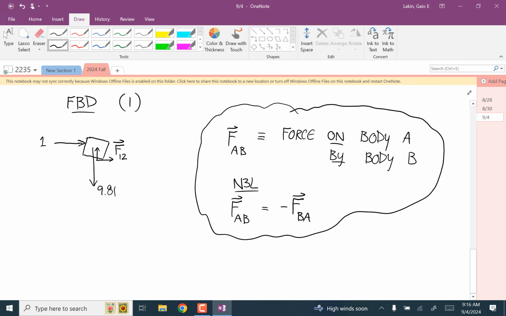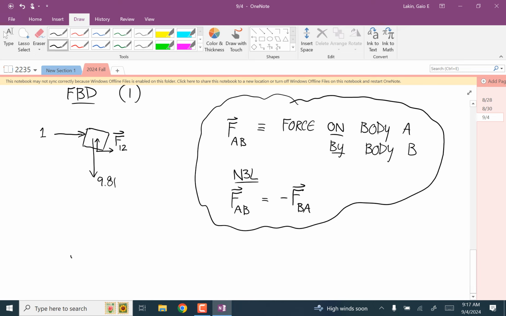But in this class, I'm going to always be super consistent about this. In engineering classes, this is the more common way of doing it. So the first one is the body that the force is applied to, your chosen body, what you're drawing the free body diagram of. And the second one is the thing applying the force.